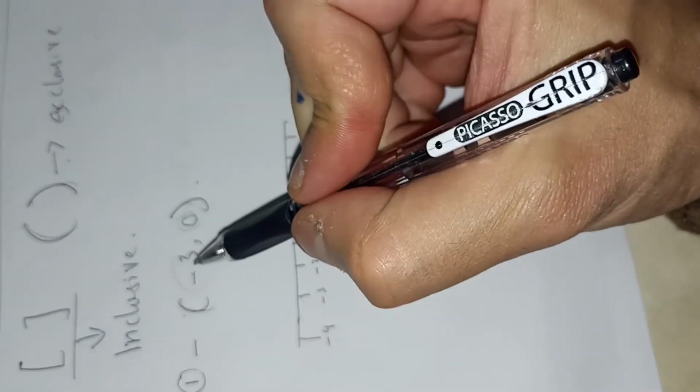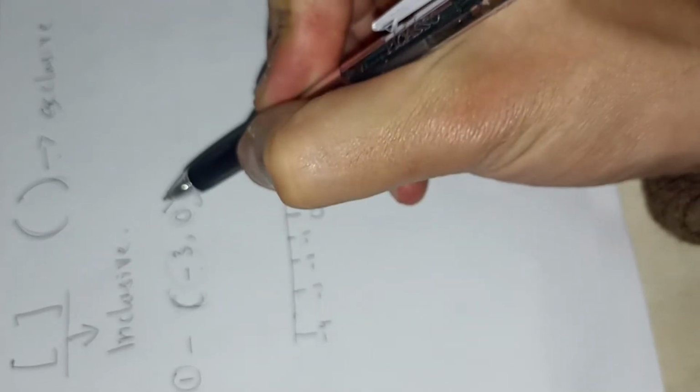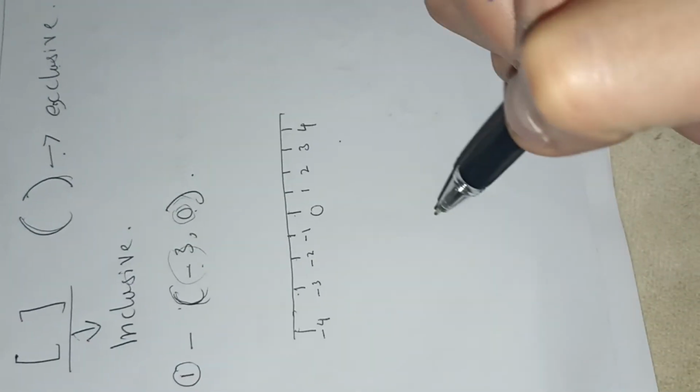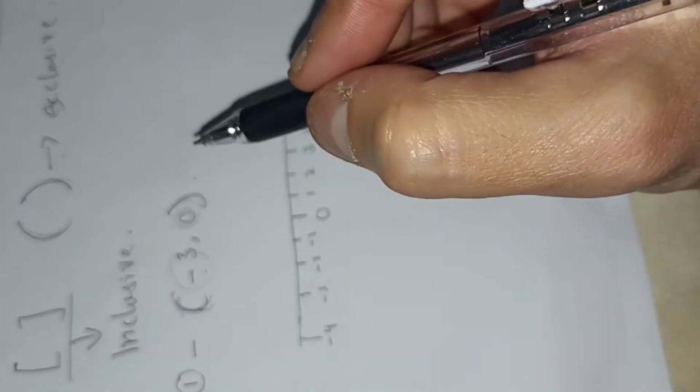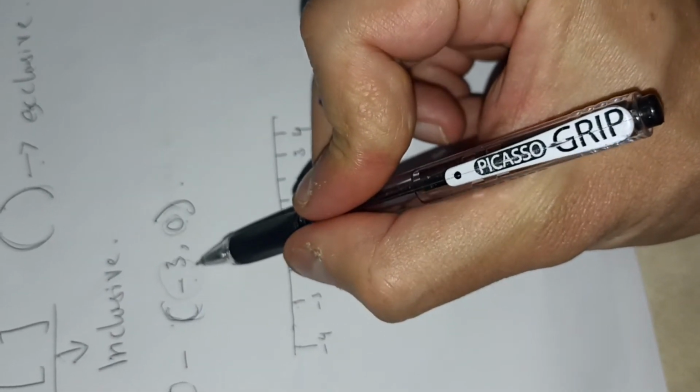So minus 3 and 0, and these brackets mean exclusive, so the data will be between minus 3 and 0, in which the minus 3 and 0 will not be included.